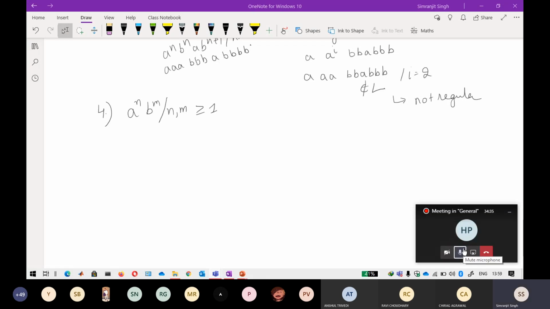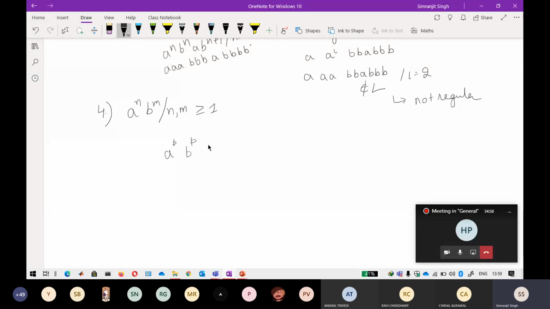Okay. If you are not able to understand, again see the explanation for this one. Now if I replace n and m with p here, this is your a and this is your b raised to power p.